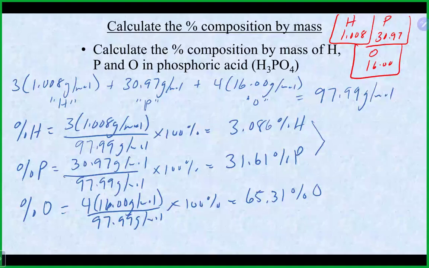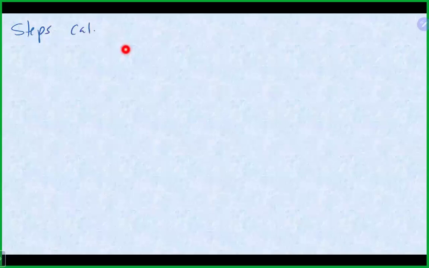Now, percent composition by mass is used a lot to calculate empirical formulas. What we're going to talk about now are the steps you will follow to actually calculate an empirical formula. If you don't have the molecular formula given to you like in the previous problems, and you're asked to calculate the empirical formula, there are several steps that you follow.